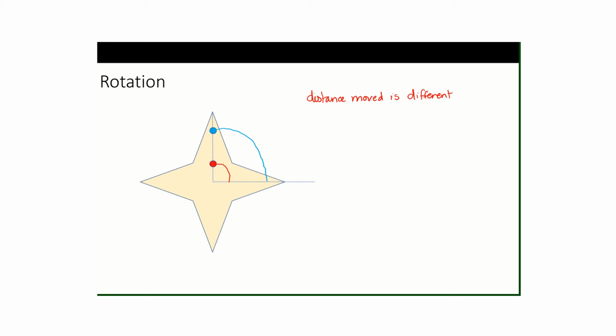But hopefully you can also see that the angle turned is the same. Now, that helps us analyse rotation. We're going to analyse rotation in terms of how much angle is turned.